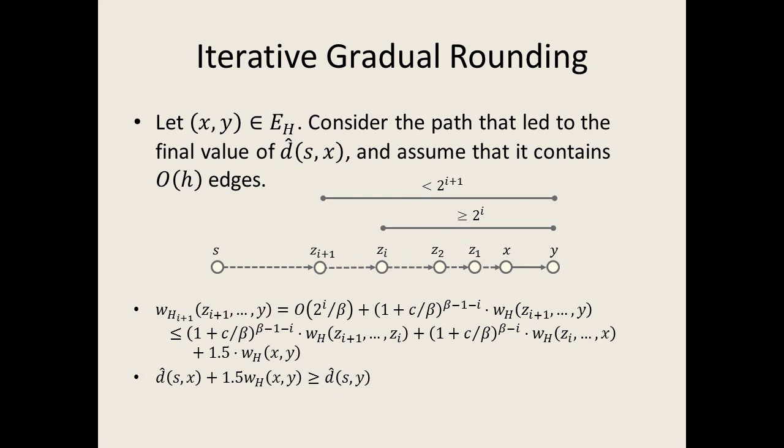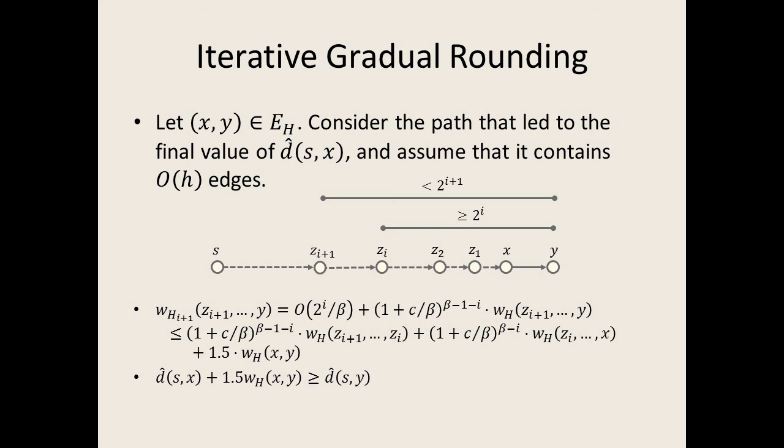Now we can find an index i such that the weight in edge of this subpath is at most 2 to the i plus 1, and the weight of this subpath is at least 2 to the i. Note that in the ith iteration we must consider this subpath, and so the estimation can be at most the weight of this shortcut plus the weight of this path in the graph edge i plus 1, which can be at most this value.